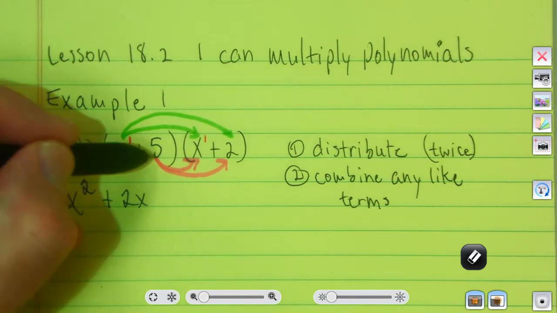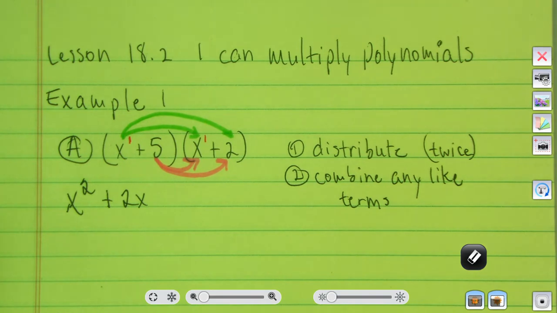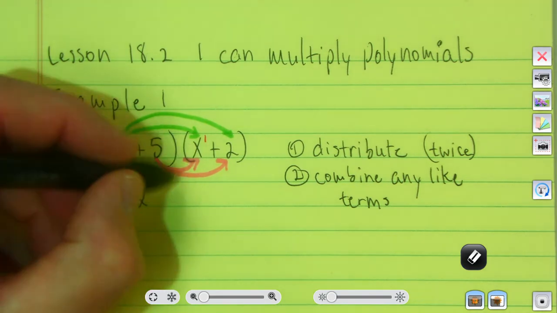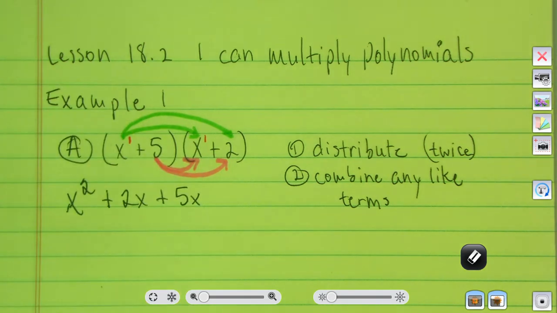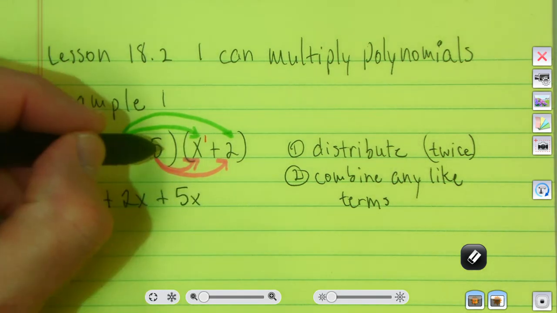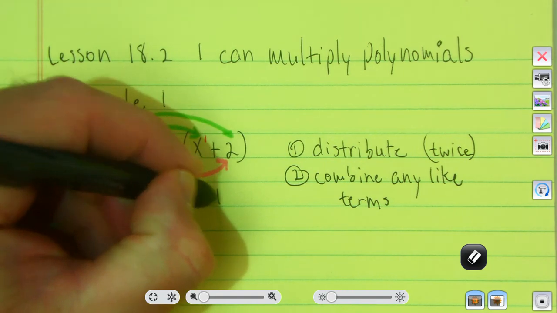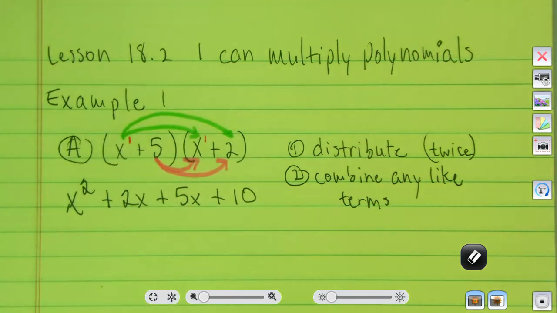Same thing, taking the second term of the first binomial, 5 times x, so it'll be a positive 5x. And last, I'll multiply 5 times 2, and I'll get 10. So I'll have x squared plus 2x plus 5x plus 10.